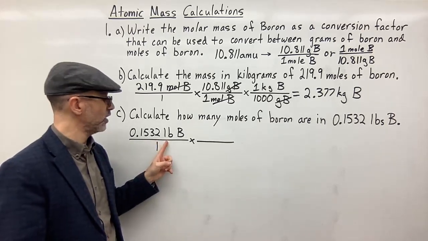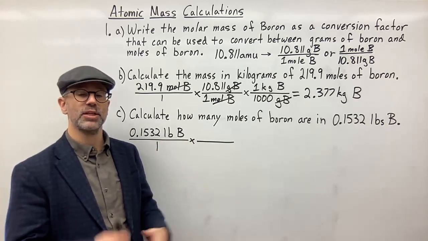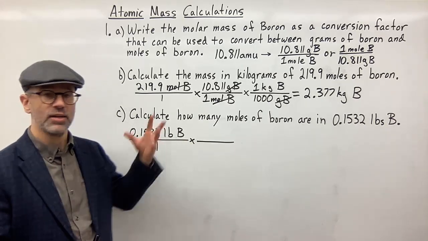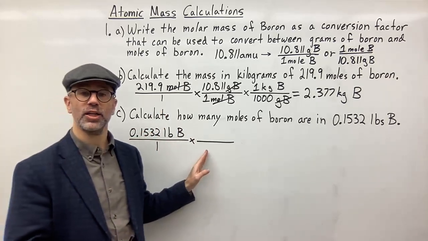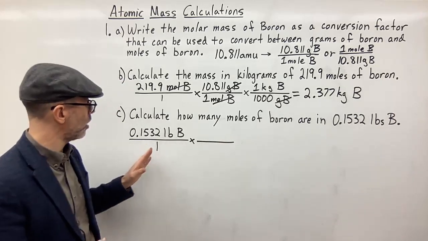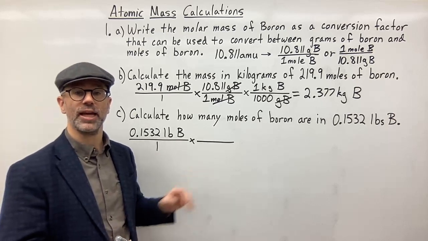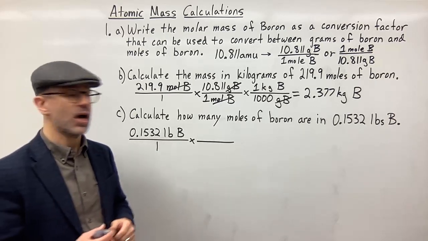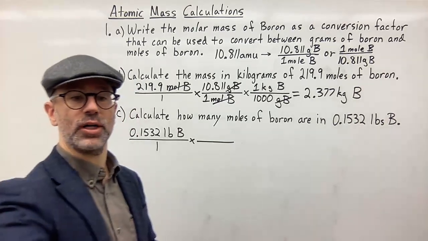You could convert this to kilograms using 1 kilogram is equal to 2.2 such and such pounds, and then convert kilograms to grams and go from there. Or you could use 1 pound is equal to 453.6 grams. So I'm going to go ahead and use that one.